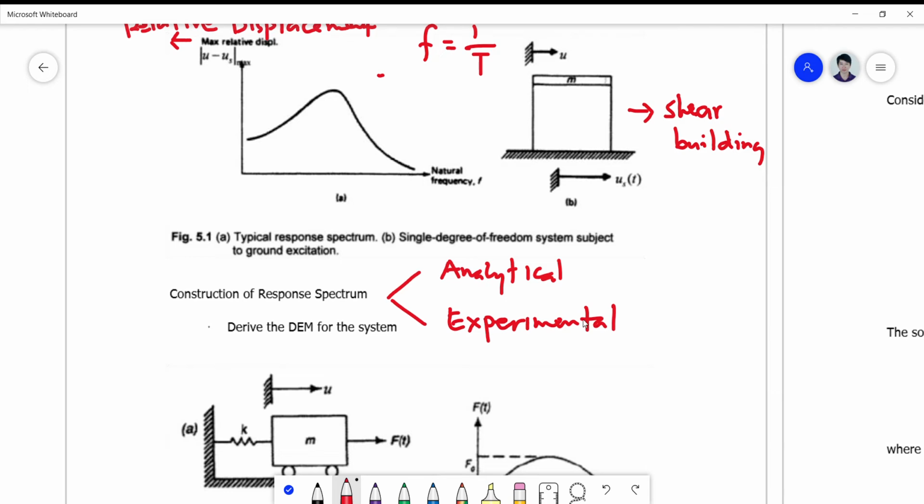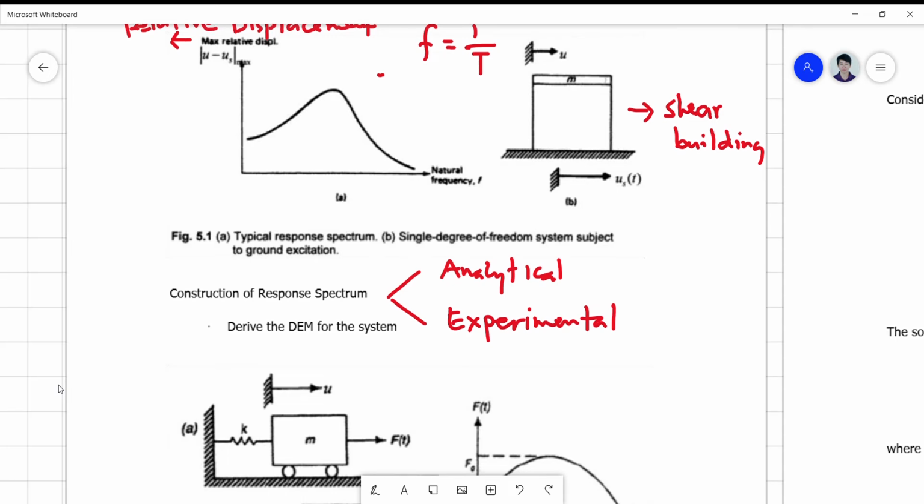So we have to check whether your constructed spectrum is near to reality. Okay, so for analytical derivation, the procedure is similar to what we have discussed on the vibration concepts.